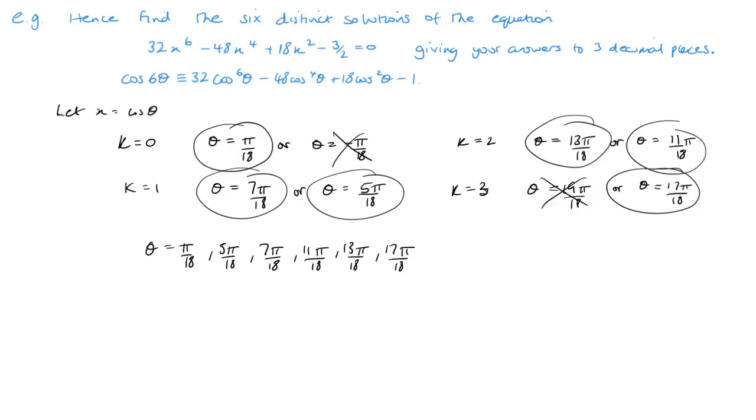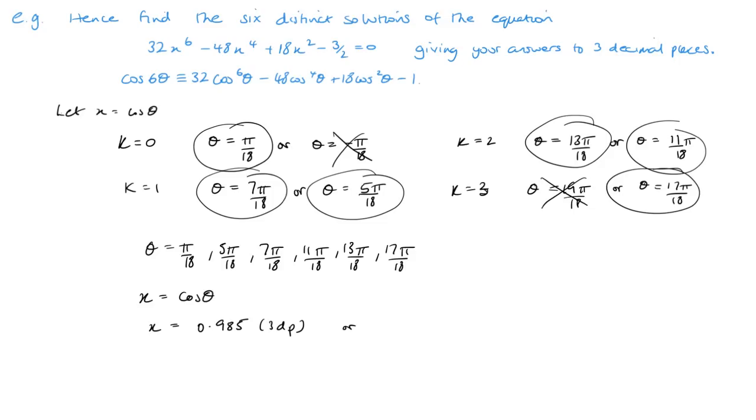So now we need to use our x equals cos theta. So x equals cos theta. Therefore, x is going to be cos of pi by 18, which gives me 0.985 to 3 decimal places.